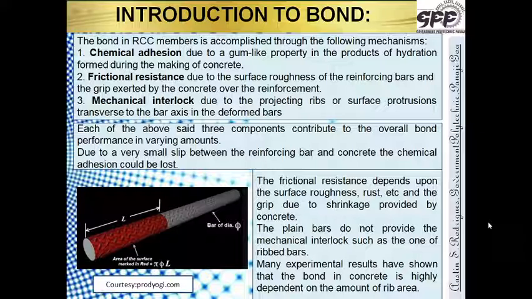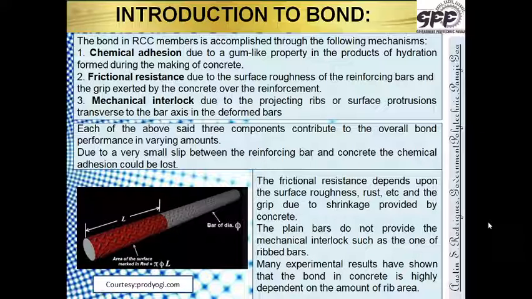Now the second action is frictional resistance. We all know that if good compaction is done, then the sand gets compacted, sand gets filled up within the spaces of the aggregates, the spaces in between the sand are filled by the cement, and all these remain so compact and they form a tight compact area around the reinforcing bar.